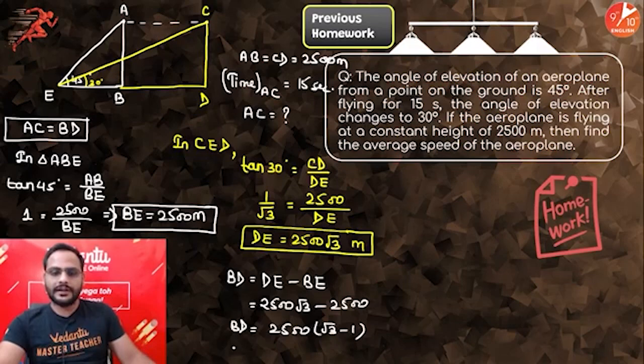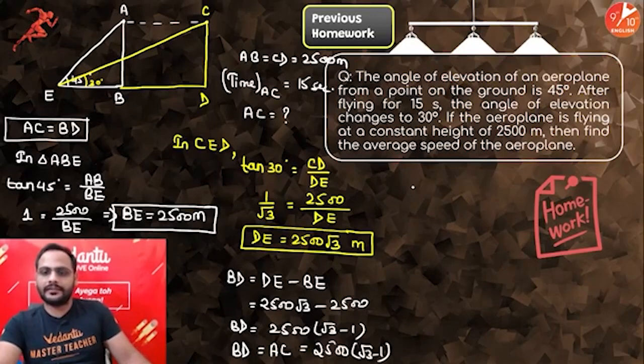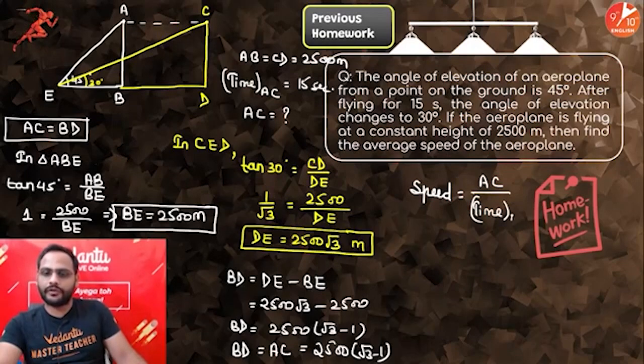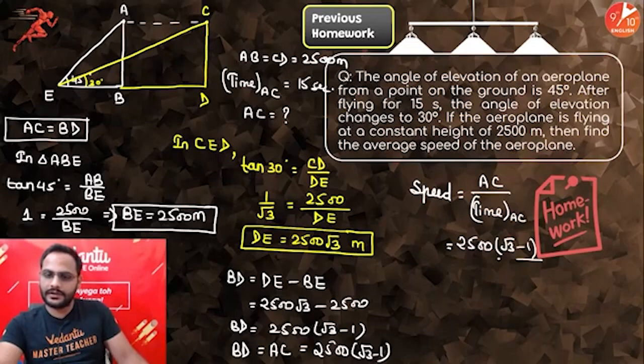We know BD and AC are equal to each other, so AC is also 2500 times (root 3 minus 1). Now the speed which we wanted to find will be equal to the distance AC divided by the time taken to go from A to C. So distance AC is 2500 times (root 3 minus 1) divided by the time taken, 15 seconds.